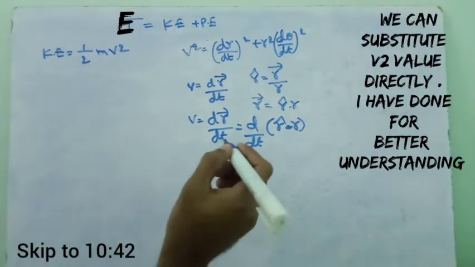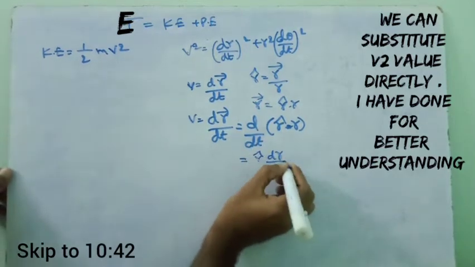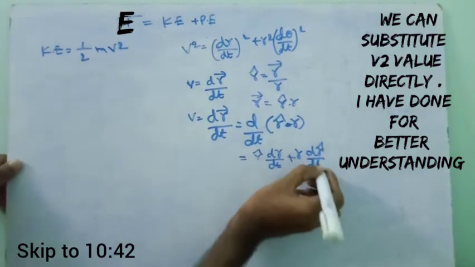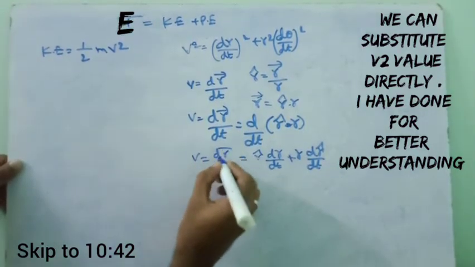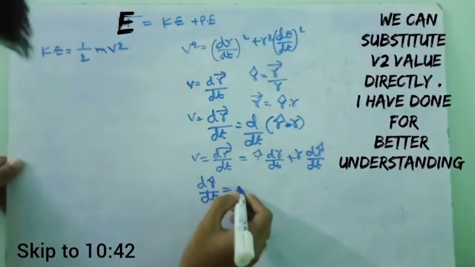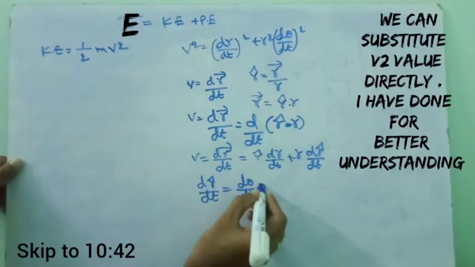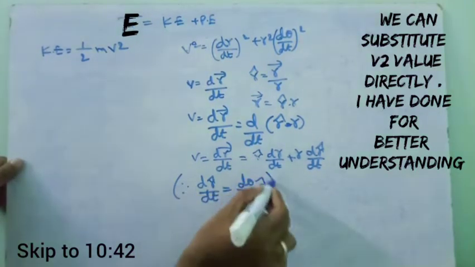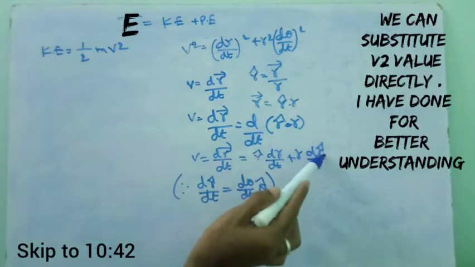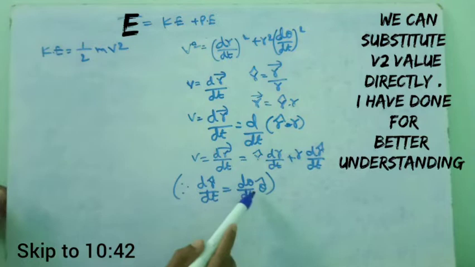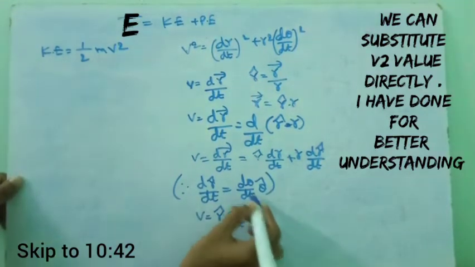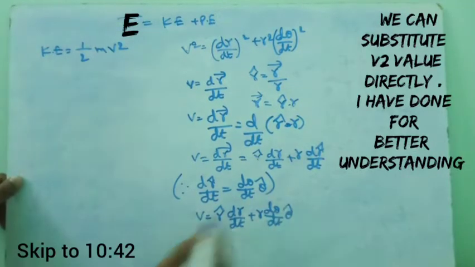So we get r cap dr by dt plus r into dr cap by dt. We know that dr cap by dt is converted into d theta by dt into theta cap. Substituting the differentiation of the unit vector with respect to time, we get v is equal to r cap dr by dt plus r into d theta by dt into theta cap. This is v.